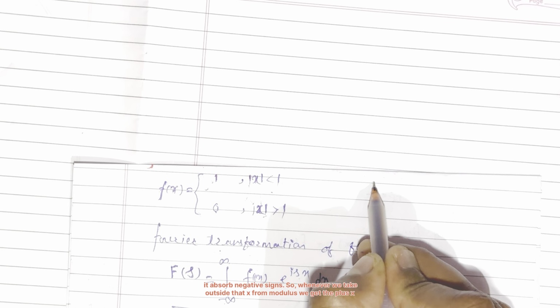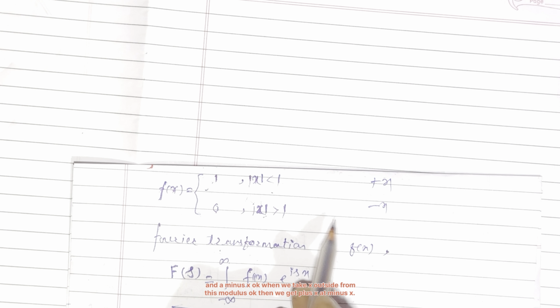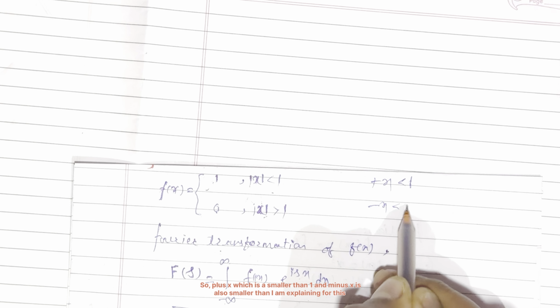Whenever we take x out of the modulus, we know that modulus absorbs negative signs, so we get plus x and minus x. Plus x is smaller than 1 and minus x is also smaller than 1.